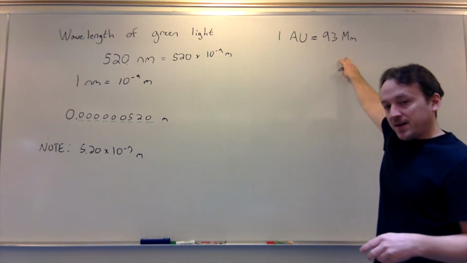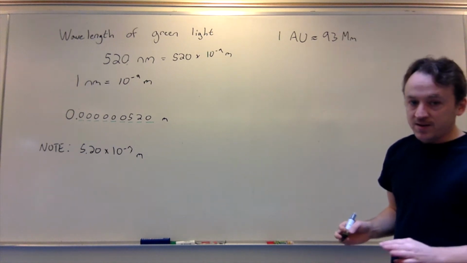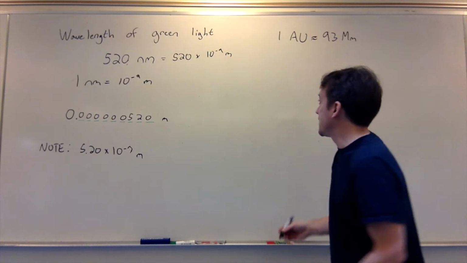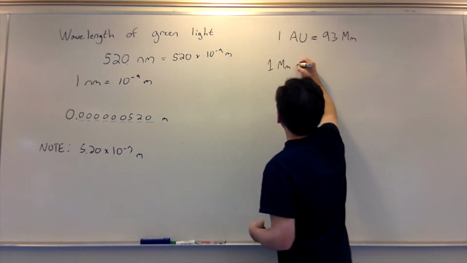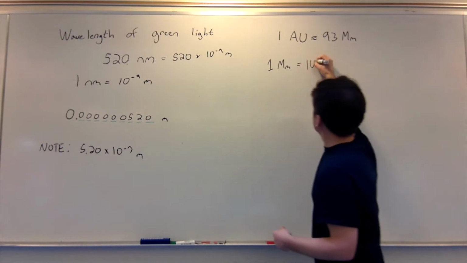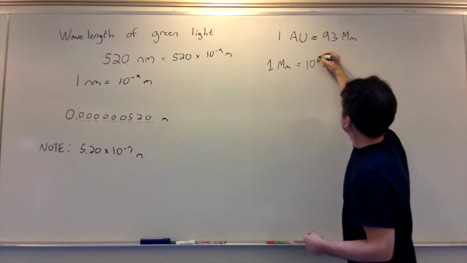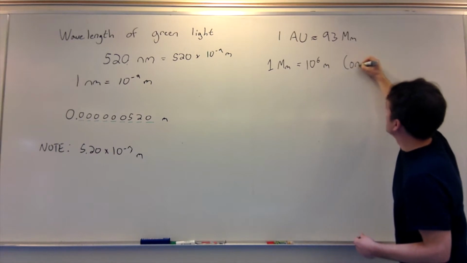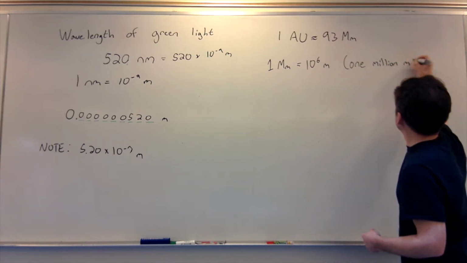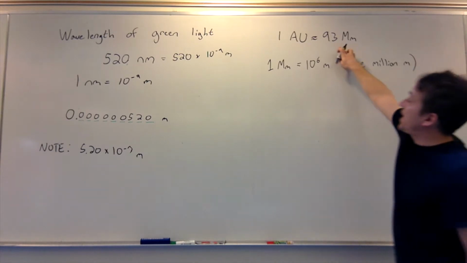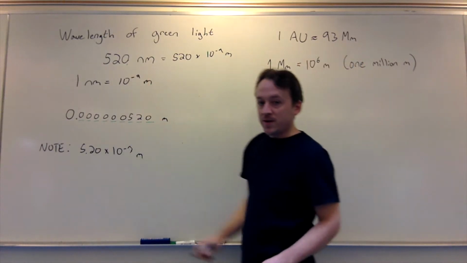What's a megameter? Again, with the scientific prefixes, that just means million, or 10 to the 6th. Let's define that quickly. 1 megameter equals 10 to the 6th meters, also known as 1 million meters. So the 93, again, we've tricked you a little bit with the 5.20.